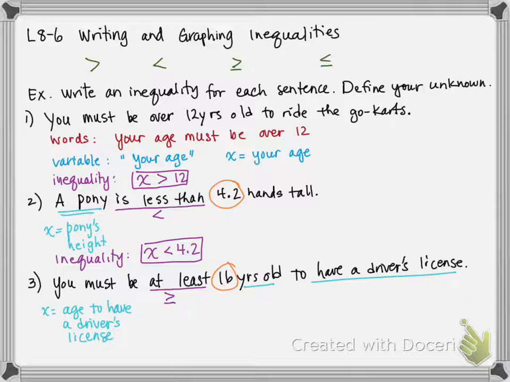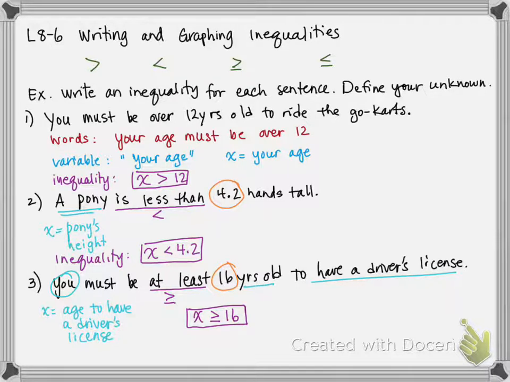All of that is describing you. So then let's see what our inequality would be. We've got you, that's our x, must be at least, so greater than or equal to, and then 16. Now this is just a small portion of what we're going to cover, but the biggie is going to be the graphing. That's the super important part.